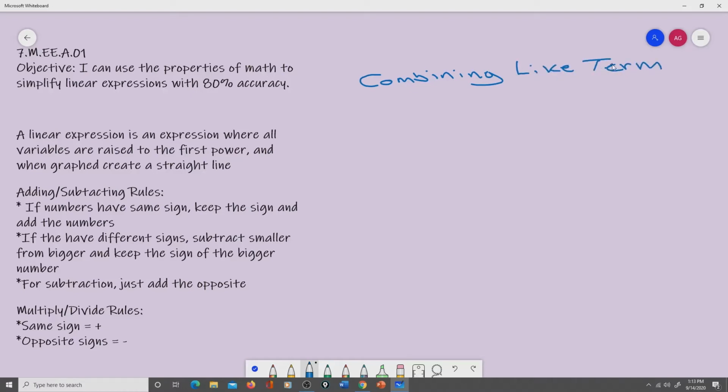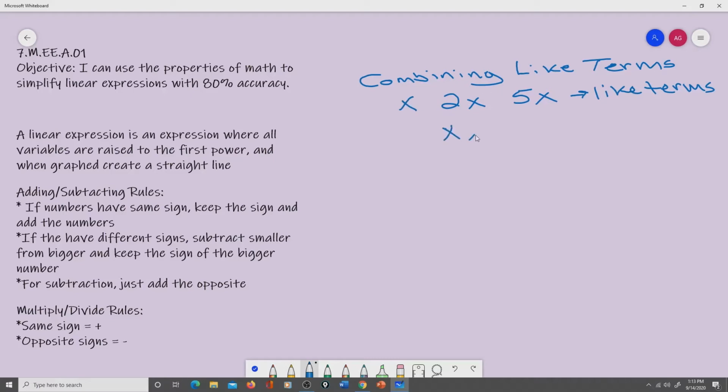And if we remember back to 6th grade, like terms are terms that have the same variable and exponent. So like x, 2x, 5x, these are all like terms. Right? They might have a different coefficient in front, but the variable and the exponent's the same.